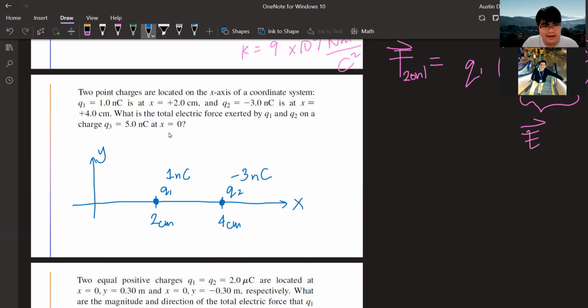The question asks for the electric force exerted by Q1 and Q2 on charge 3. Q3 would be 5 nanocoulomb.